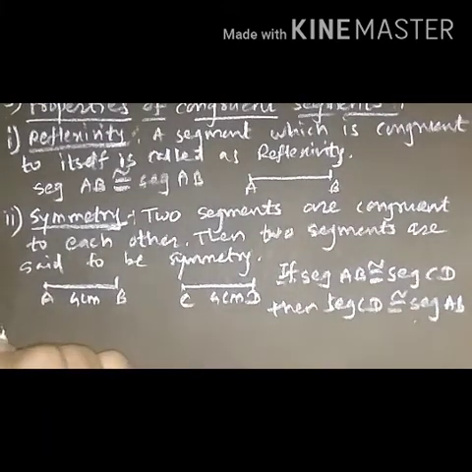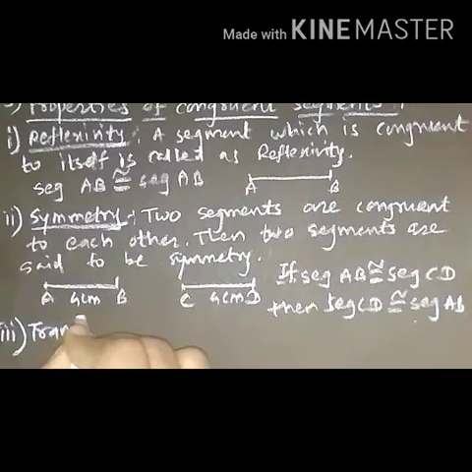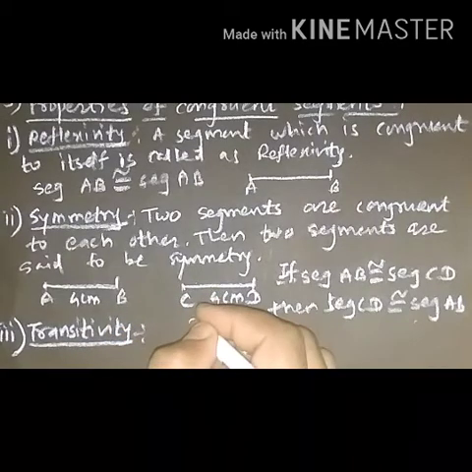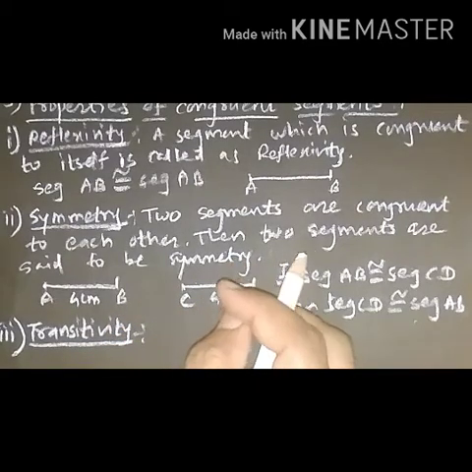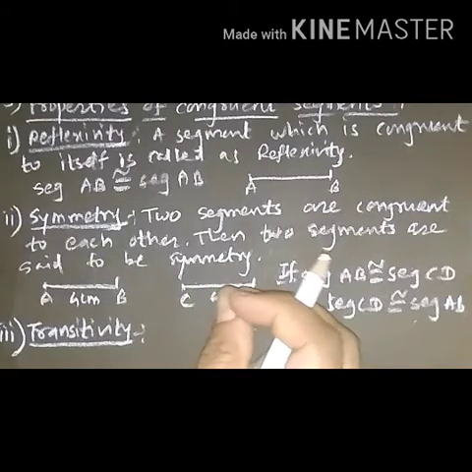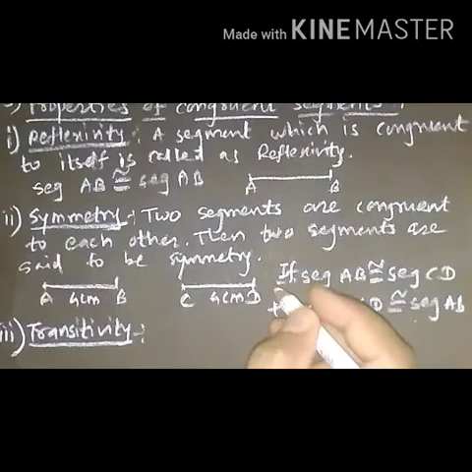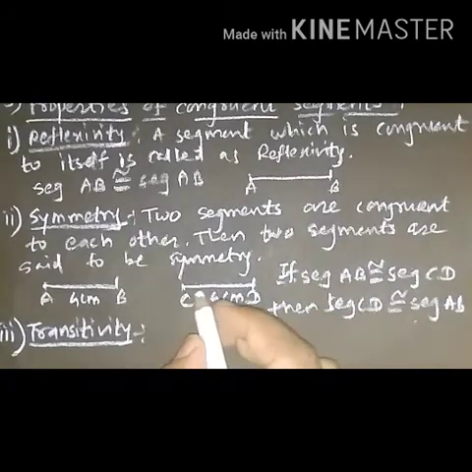Now let us see the third property, that is transitivity. For transitivity we have to consider three segments. If the first two segments are congruent to each other, and the second is congruent to the third one, then we can say that the first segment is congruent to the third segment.